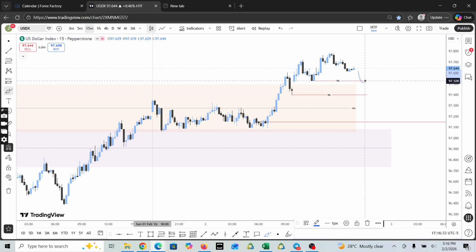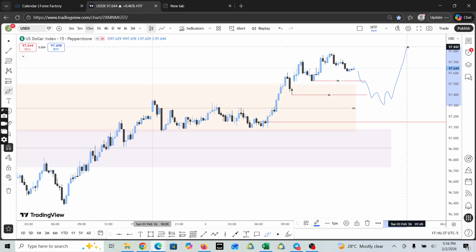Maybe we'll come for this. This happens, it means that on the M15 we can take a trade, we can hunt a trade here, right, for the upside, right? So this will be our narrative.